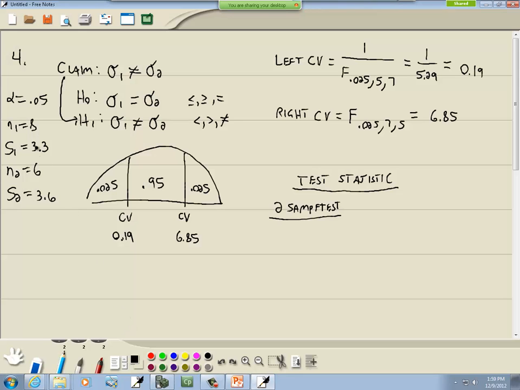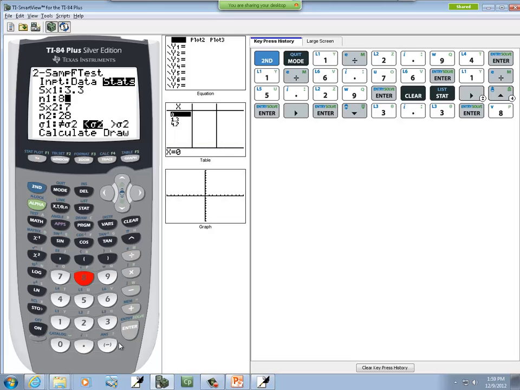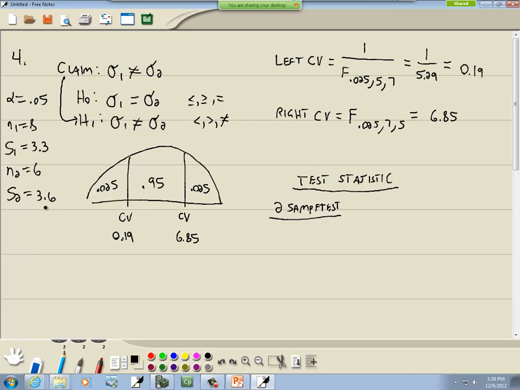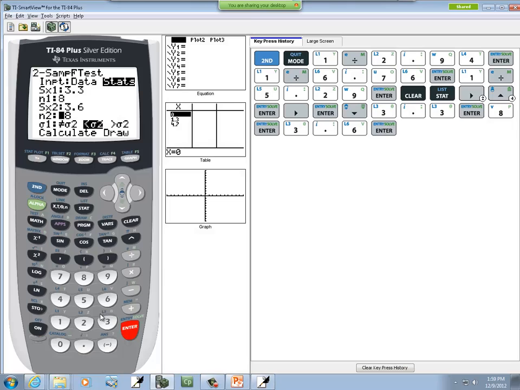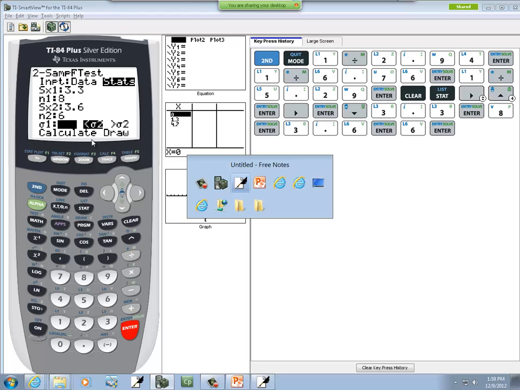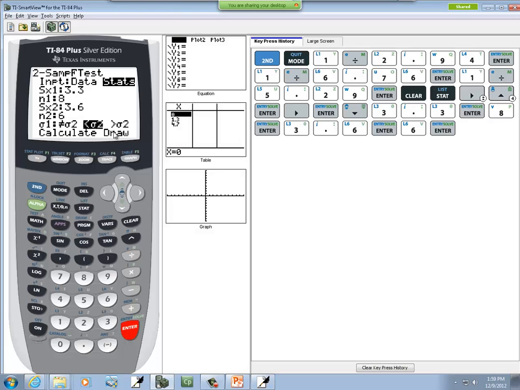N1 was 8. And S2 was 3.6. And N2 was 6. Okay, the symbol on H1 was a not equal to. So I'm going to put my flashing cursor on not equal to and press enter. And then I'll down arrow to calculate and press enter.